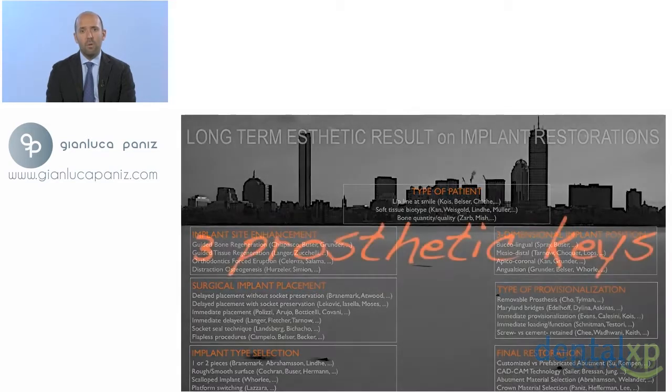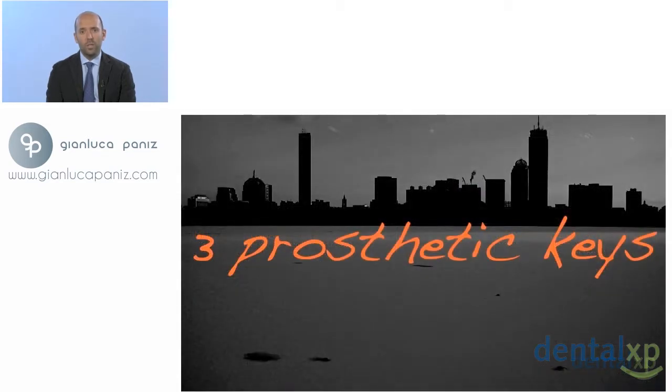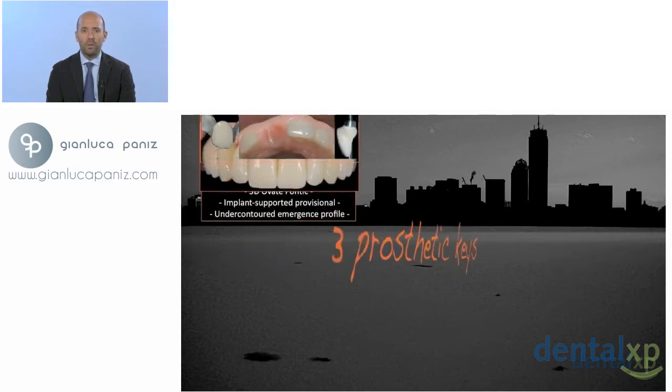And in our opinion, we really have to consider three important prosthetic keys. These three factors will be present in all the cases that we will discuss together in the next 40 minutes.